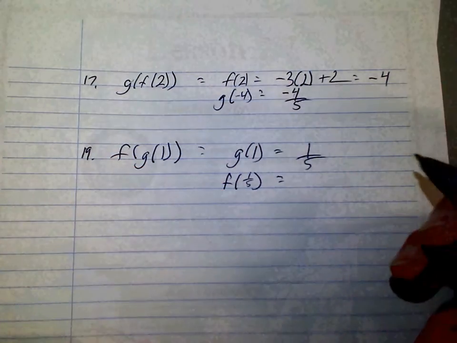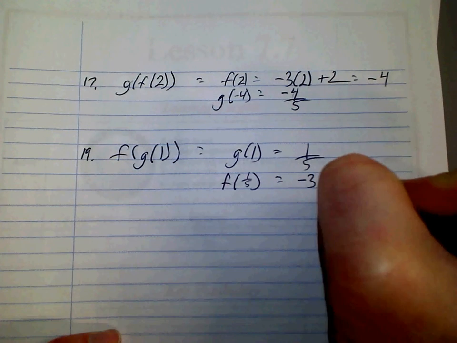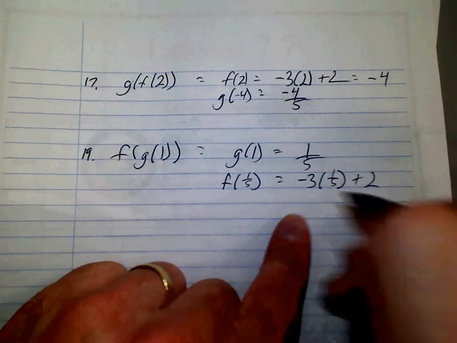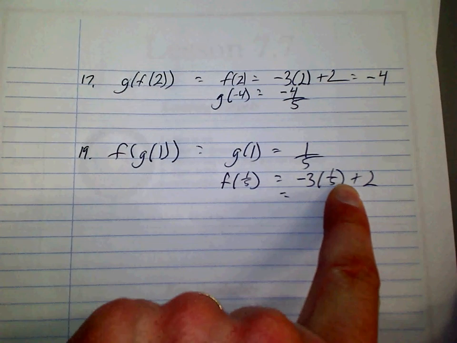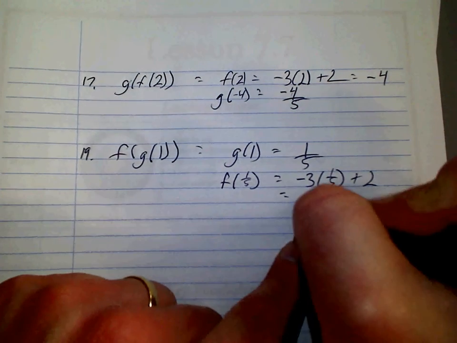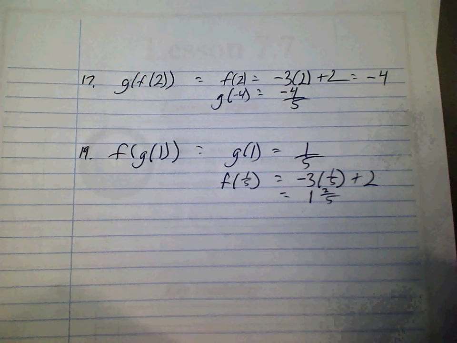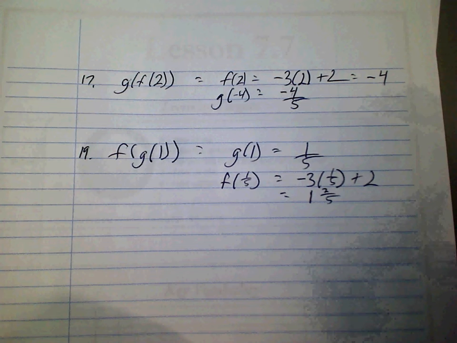So negative 3 times 1/5 plus 2 would equal, let's see, that'd be a negative 3/5 plus 2. So what is that? 1 2/5? 1.4. What's your calculator give you? 7/5? Yeah, same thing.